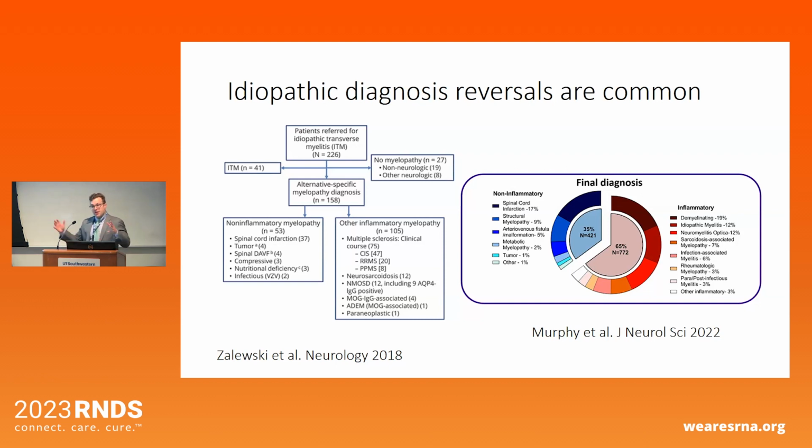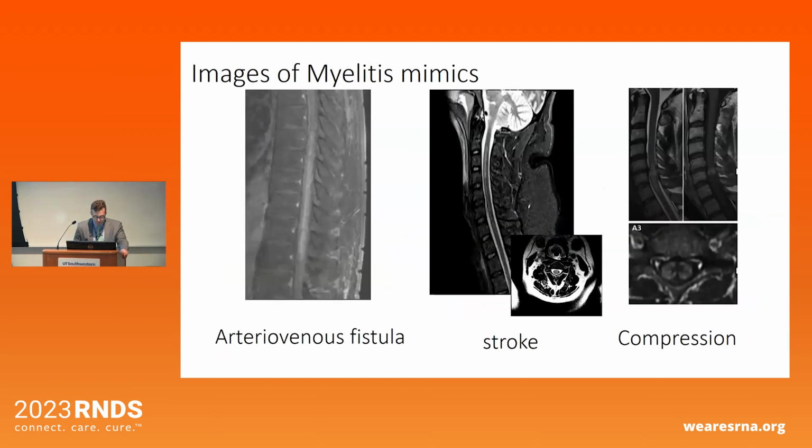They may still have inflammatory myelitis. Many of them are diagnosed with something on the multiple sclerosis spectrum, or sarcoidosis, or NMO after testing, but the idiopathic label is removed and a more accurate label is put on. And in some cases, they actually don't have inflammation at all. And there's actually a different diagnosis found. And I'm going to show you some examples of that here, where we see some of the things that mimic myelitis.